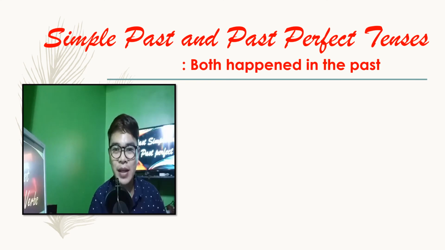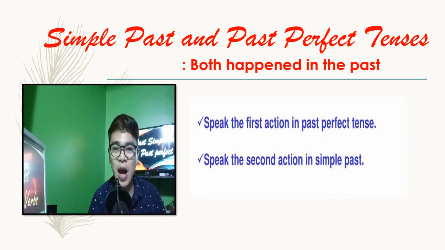Bear in mind, if you are going to choose whether to use the past perfect tense or the simple past tense in a sentence, what happened first takes the past perfect tense and what happened next uses the simple past tense. I hope you enjoyed learning with me the simple past and past perfect tenses of the verb.